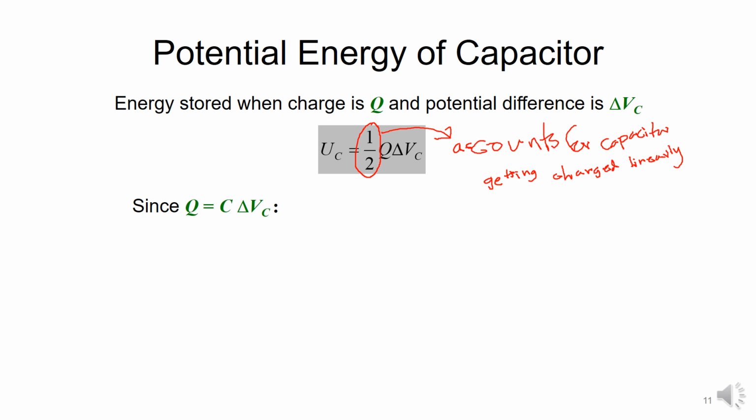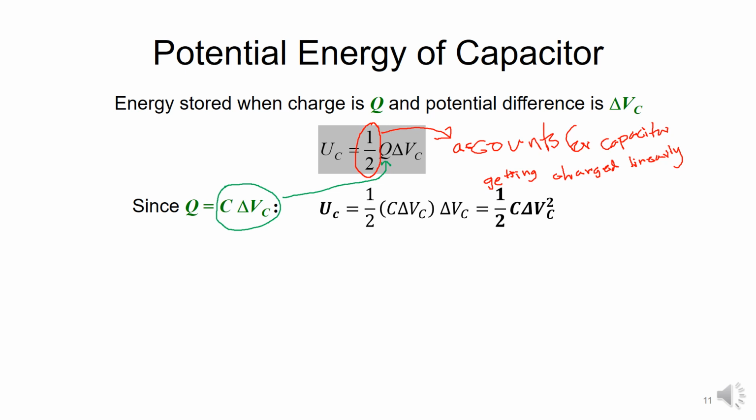Now let's make some substitutions. We already know the charge in a capacitor equals C times delta V. That was in one of the earlier slides. So let's substitute the Q with C times delta V. Here, let's use a different color. Let's take this expression, C times delta V, and plug it in here.